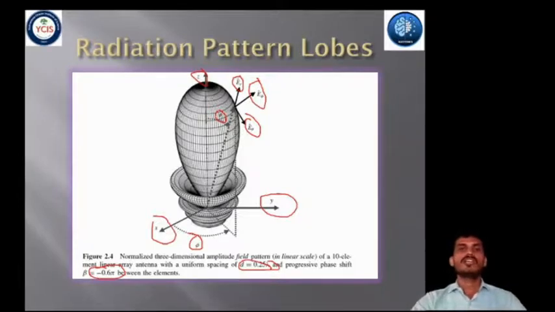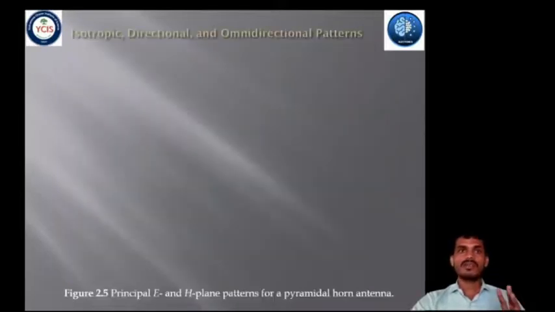Now each and every lobe has three different electric components and three magnetic components, that is E_r, E theta, E phi, which are related to the direction of propagation and also azimuth angle and elevation angle. So this is all about the radiation pattern.